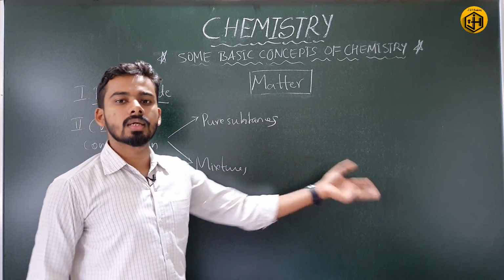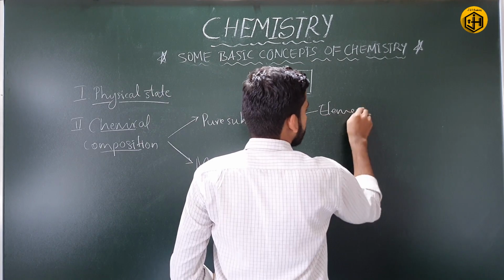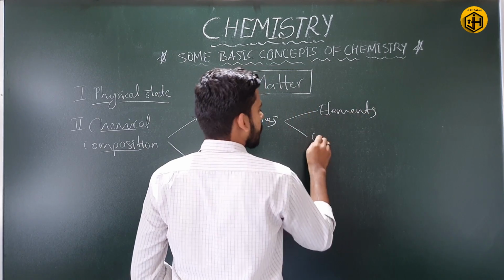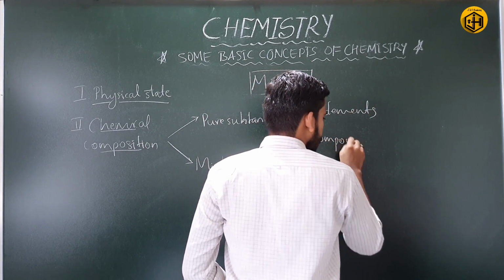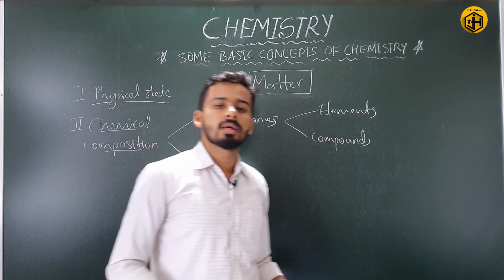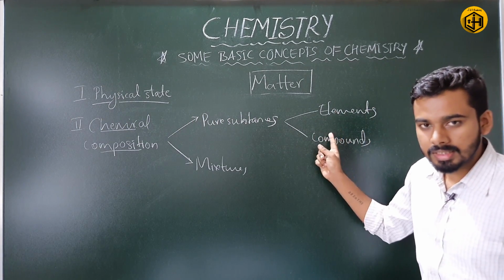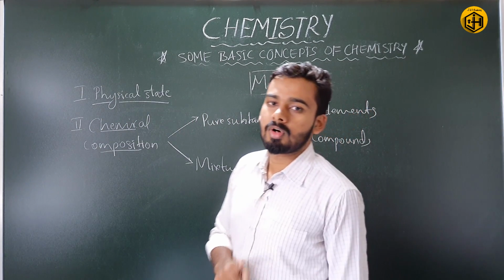Pure substances are again classified into two types: elements and compounds. What is an element? An element is a pure substance which contains only one type of atoms.